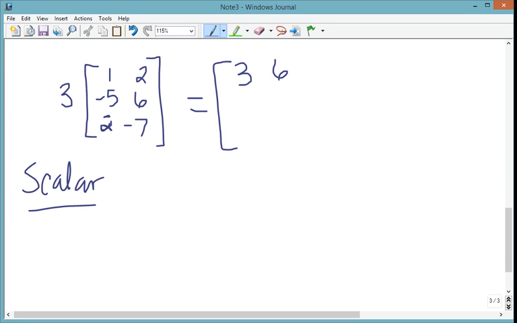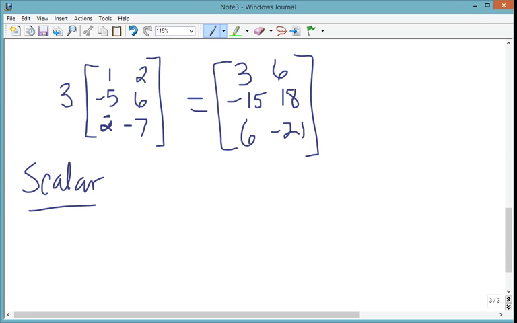Every single term gets multiplied, and it turns out that the answer will always be the same size as the first matrix, because we're just multiplying each one by some number. Okay, so that's scalar multiplication. We can do that, and that's pretty straightforward.